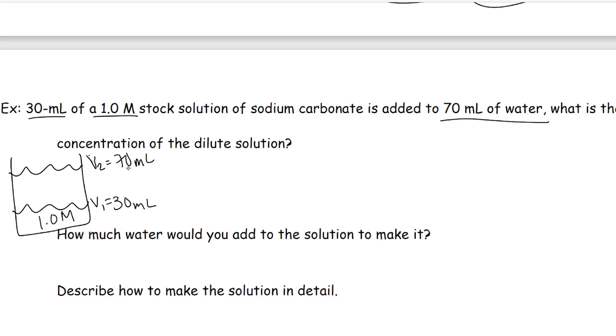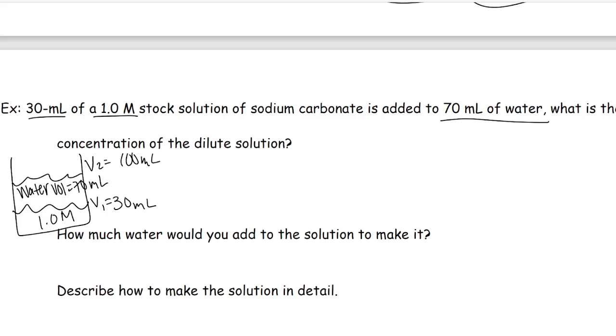So volume 2 is not 70 milliliters. The amount of water you're adding is 70 milliliters. So if I have 30 milliliters to start and then I add 70 milliliters to it, what is my actual volume 2? Sorry, I messed that up. 100.